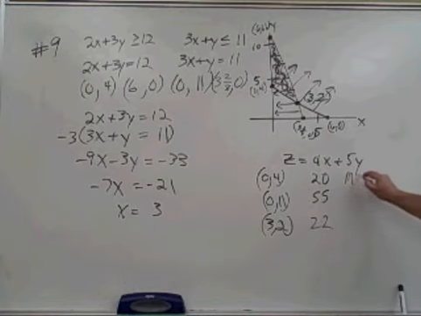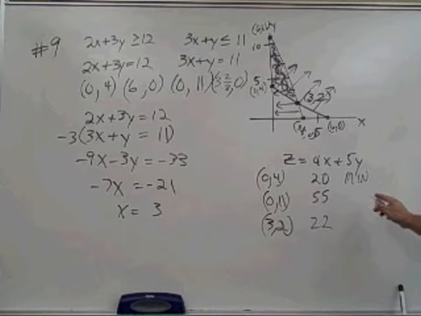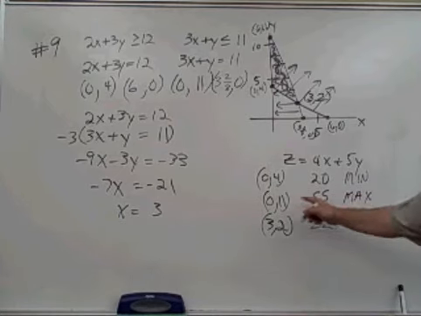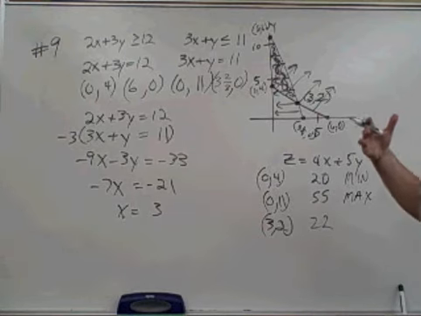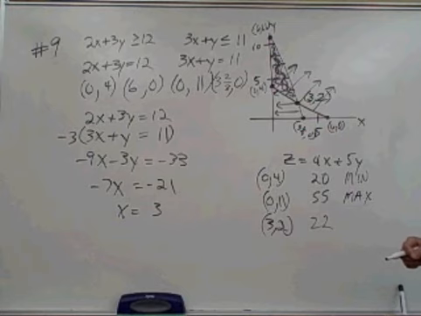So the minimum objective function's value occurs at the point 0, 4, and the maximum objective function value occurs at the point 0, 11. And we have found all the information we were required to find. Problem done. Nice easy one like that on the test wouldn't be too bad, would it?